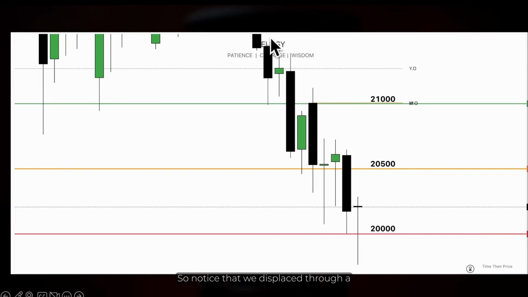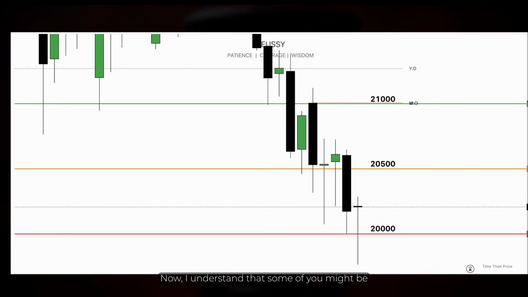So notice that we displaced through the 21,000 price level with that CB. From that moment in time, my eye is drawn to price levels below market price. Notice how we opened up the week and month, repriced slightly above the 21,000 price level, but the market then slammed towards the downside. That right there is a sign of bearish institutional order flow stepping in.